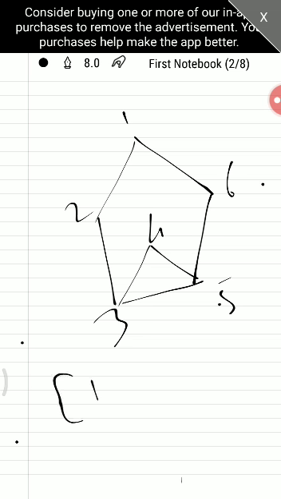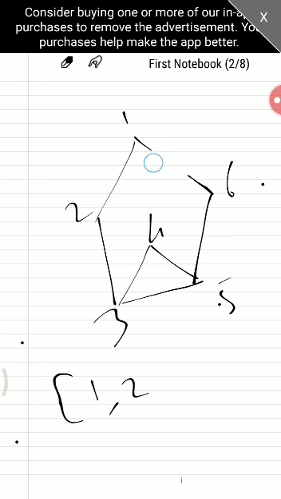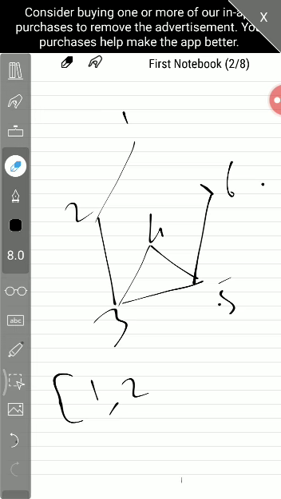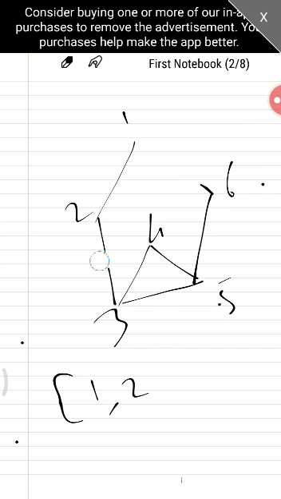First we will select 1 comma 2, and we will remove all the edges incident on either 1 or 2. So this was an edge incident on 1. Then this was another edge incident on 2. Okay, we have considered 1 and 2.